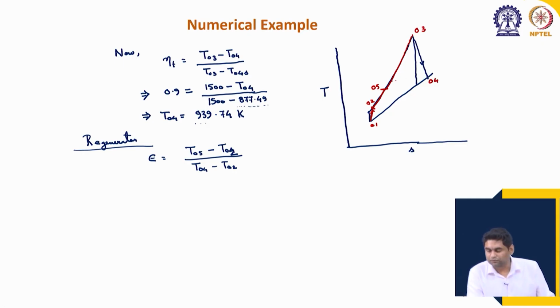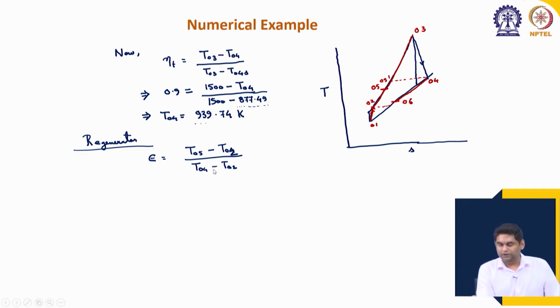So, 0,4 will be higher than 0,5. So, 0,4 is equal to 0,5 dash, and then from 0,4 to 0,6, which is for the regenerator gas side. 0,6 of course has to be higher than 0,2.